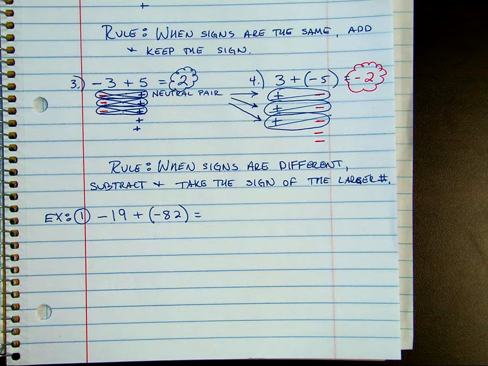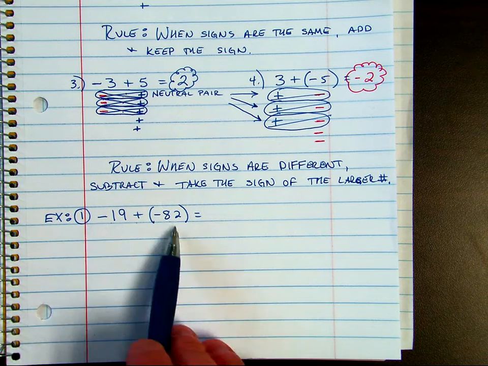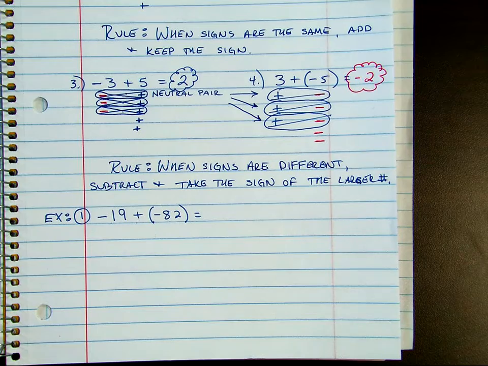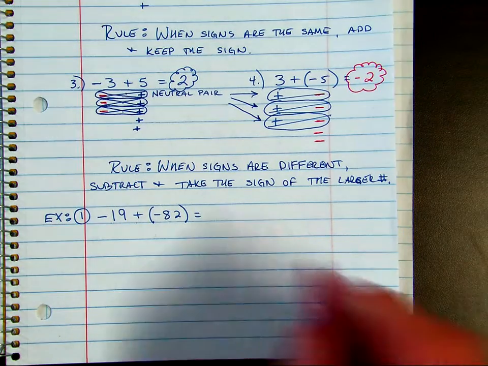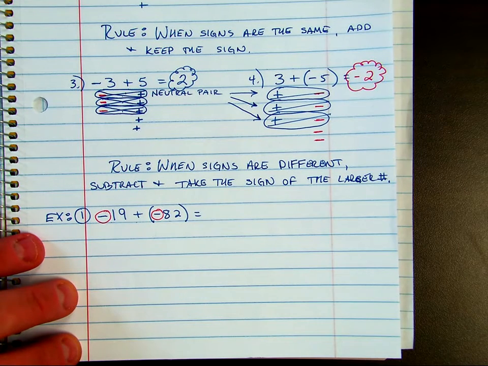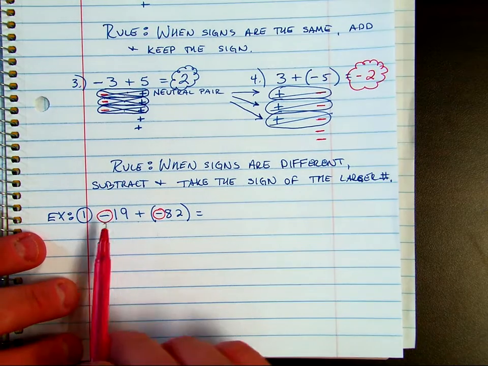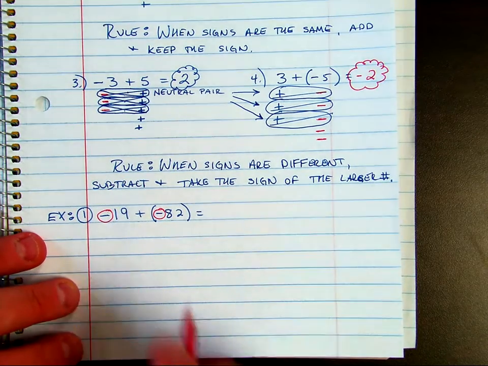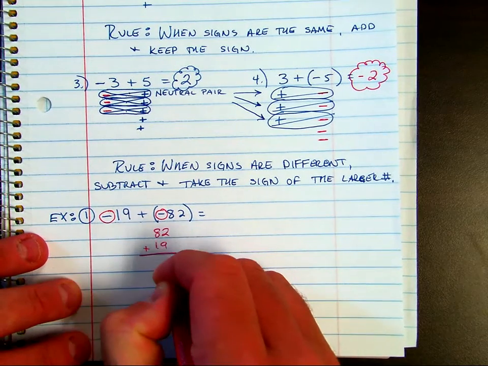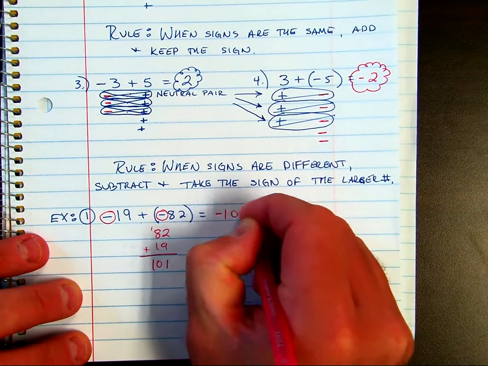Now, notice this is an addition problem, but are we going to add these numbers together? Are we going to add these integers together? And the answer to that is yes, because the signs are the same. When the signs are the same, we will add them together. If I have 19 negatives and I have 82 negatives all together, I have 101 negatives.